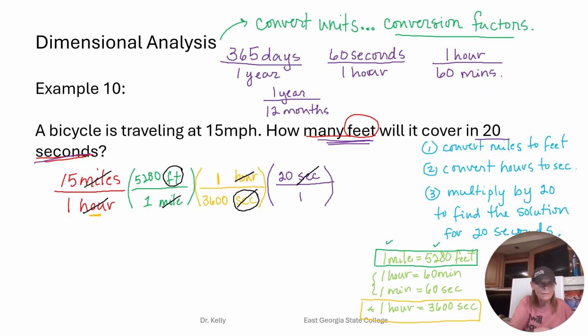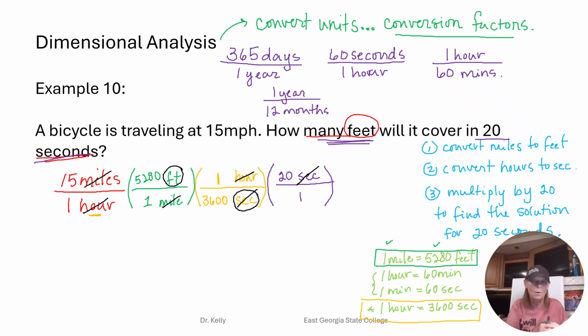And when we do the math, let me do the math real quick with my handy dandy calculator. Remember, when you're multiplying fractions together, it's shirts times shirts, pants times pants. You got to go all the way across. But I'm going to say 15 times 5280 times 20 and get that numerator, and I'm not going to write it down or anything.